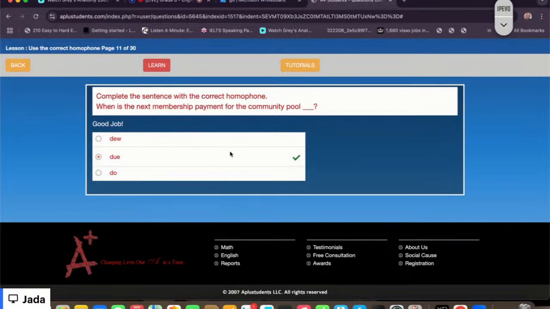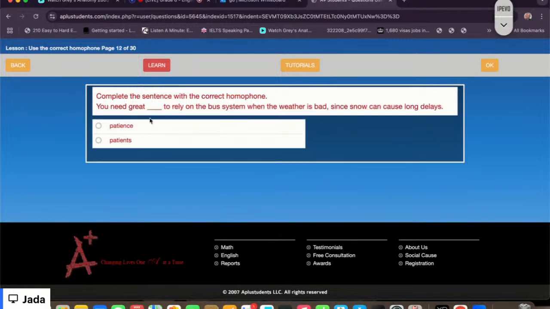Okay. So next up we need great dash to rely on the bus system when the weather is bad since snow can cause long delays. Patience or patients?